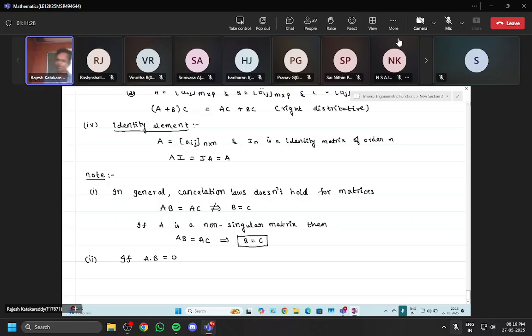I give you an example where A and B are non-zero. If AB equals the null matrix, A and B can be two non-null matrices.